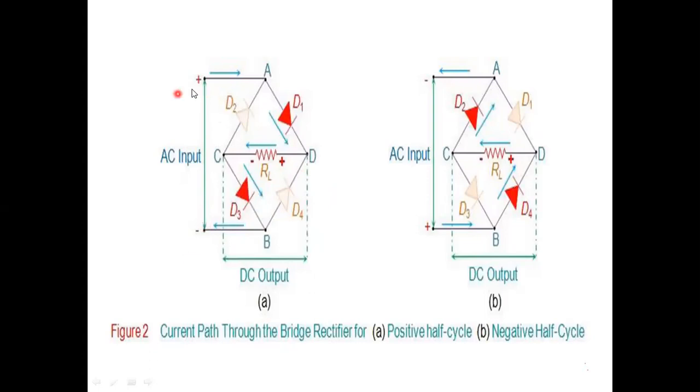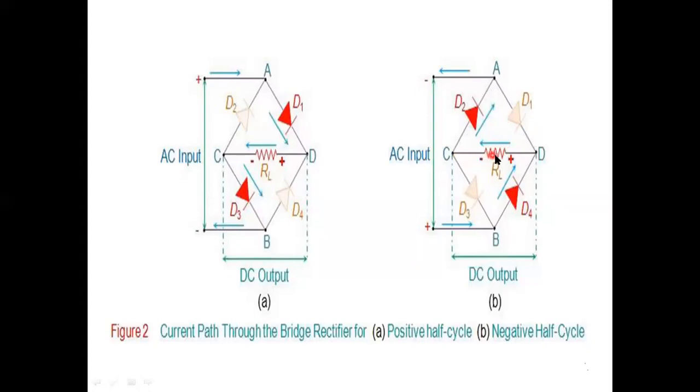Next, for the negative half cycle, this one will become negative and this one will become positive. Current will start to flow here. At point B the current will try to flow, but it is reverse biased, so it will not flow. All the current will flow through D4, and at point D it will again try to flow, but because of reverse bias it will not flow here.